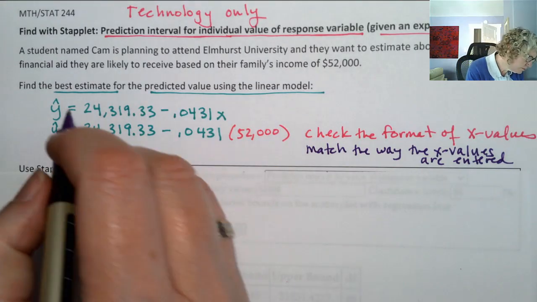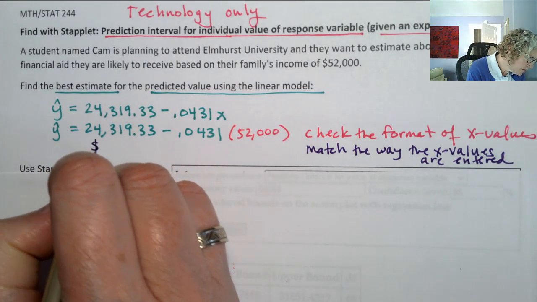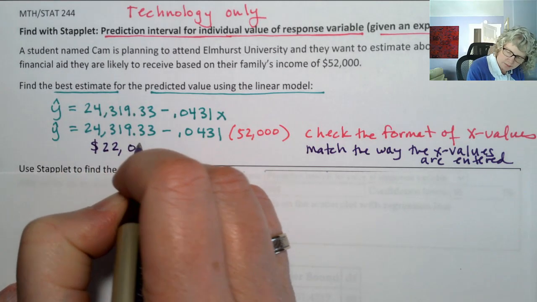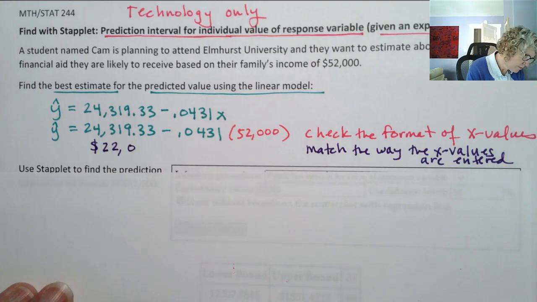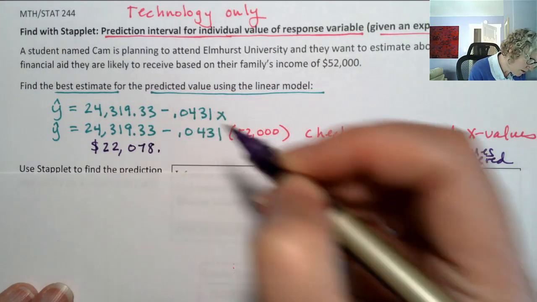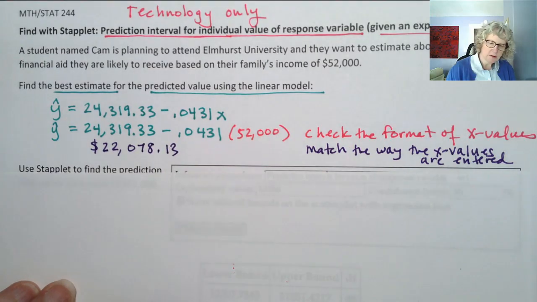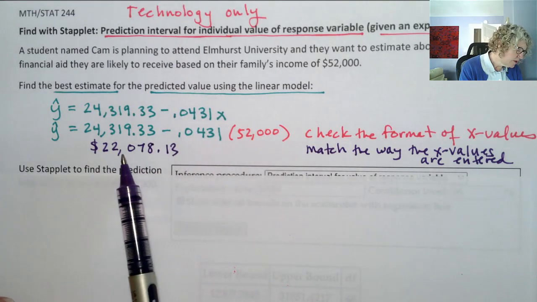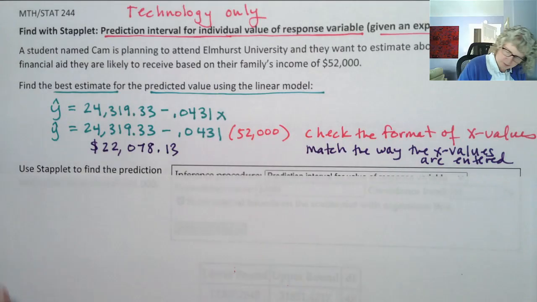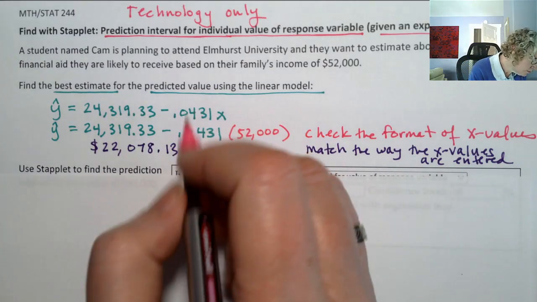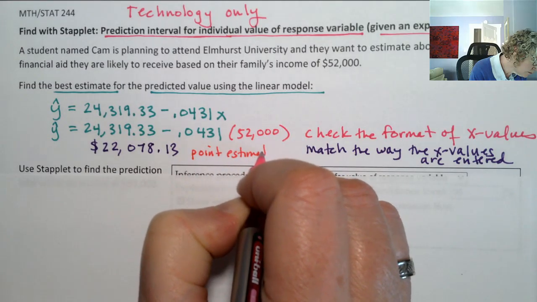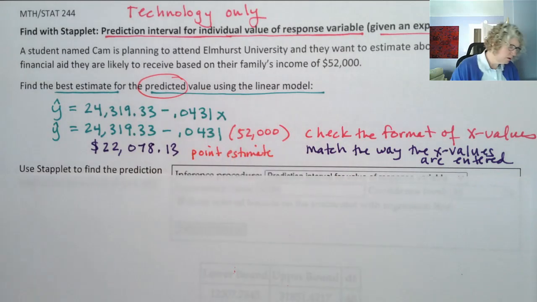Put the dollars on there: $22,078.13. Now we could call this a point estimate. This is an estimate, a predicted value. So this is a prediction.